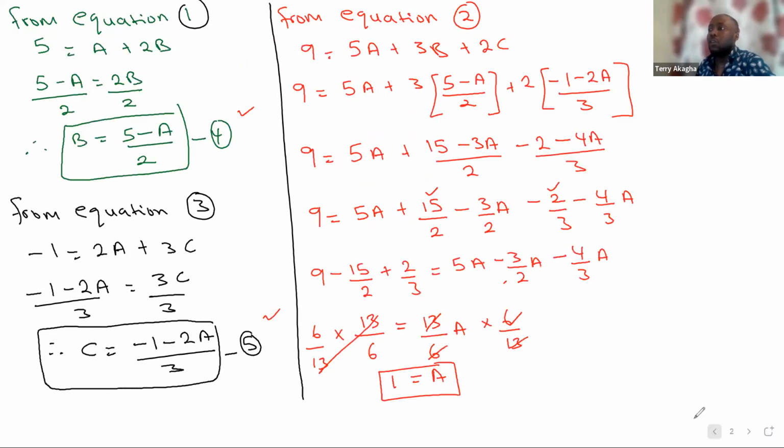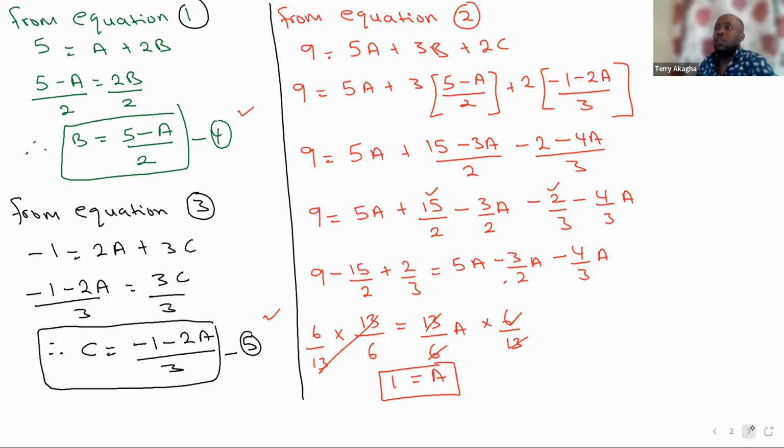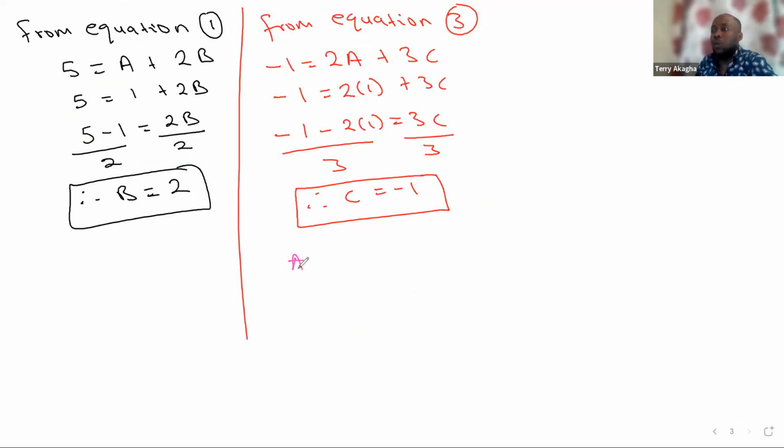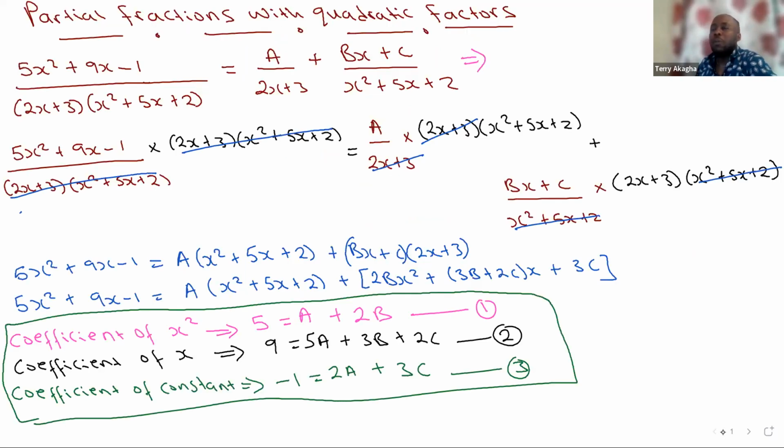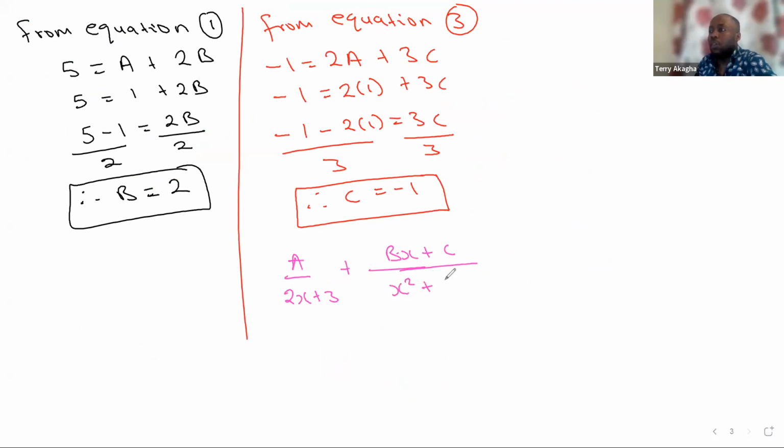So we just go back to the original equation. It was a over 2x plus 3 plus bx plus c divided by x squared plus 5x plus 2.